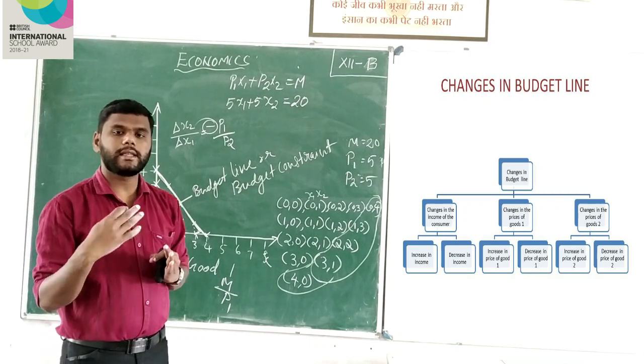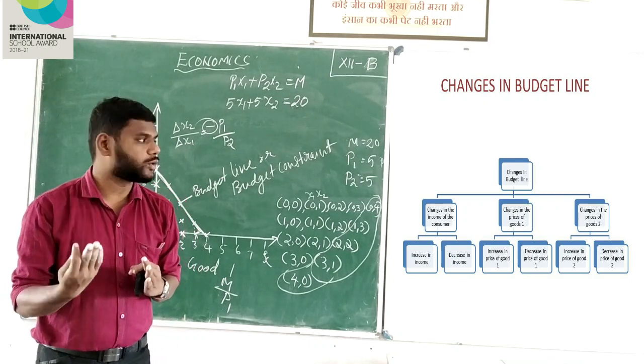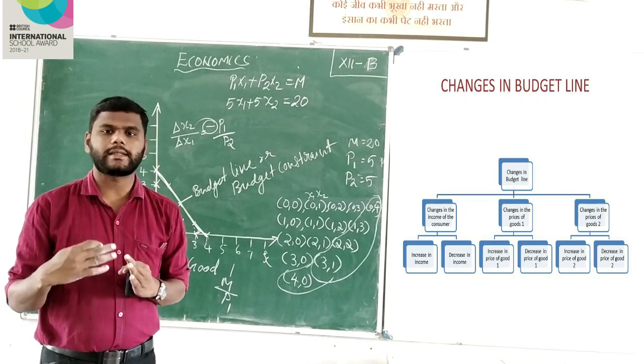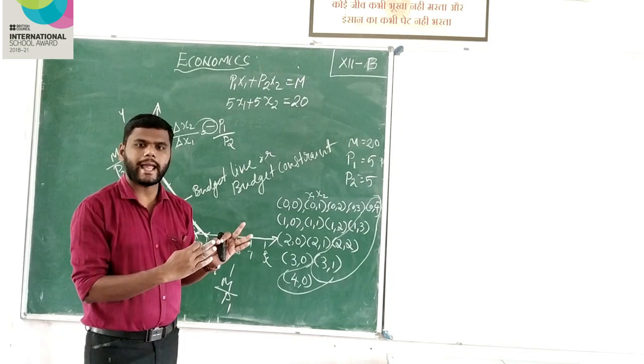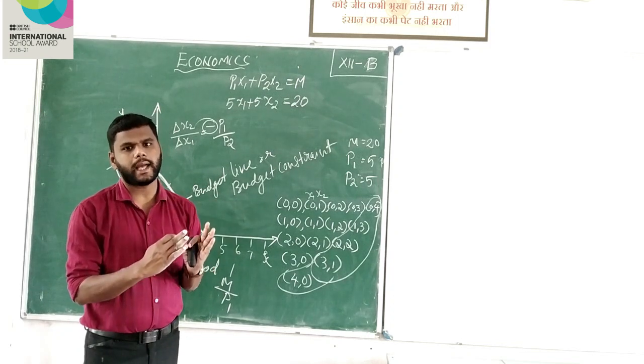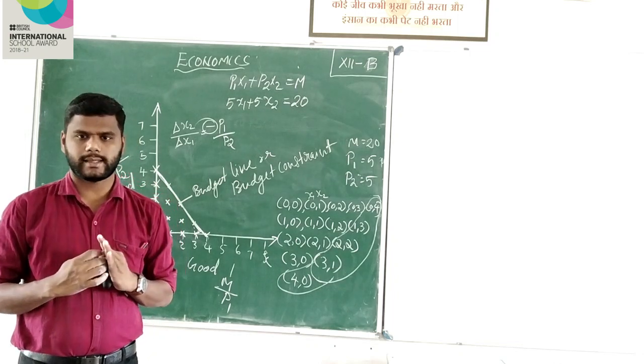Now, changes in the price of good 2, say, increase in the price of good 2 and decrease in the price of good 2. And what happens to the budget line if income and the price of good 1 and good 2 change?